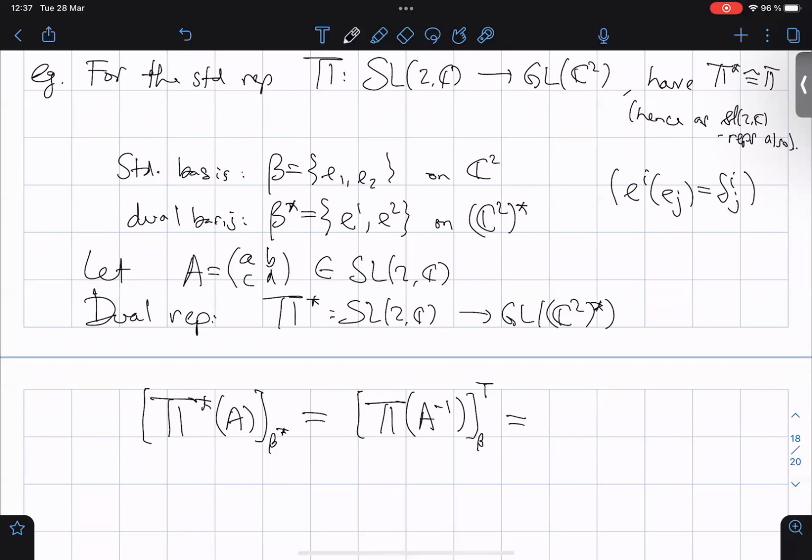So I'm taking this capital A with coefficients A, B, C, D, taking its inverse, and I'm supposed to divide by the determinant, but the determinant is 1 in this case. And then I'm supposed to take the transpose of it.